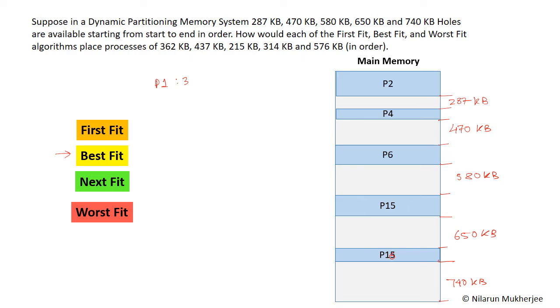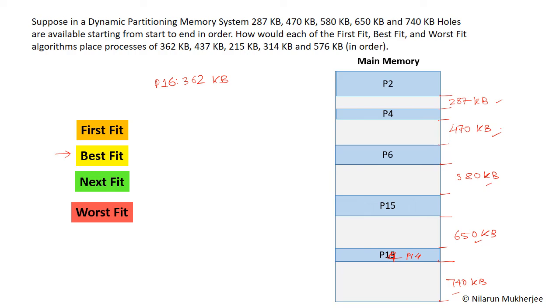Now the first process comes, and again there is a mistake. Suppose this I have considered P14. So P16 comes, 362 kb, best fit. So it will start searching from the beginning. It will find this hole is not large enough. Here I can fit it.